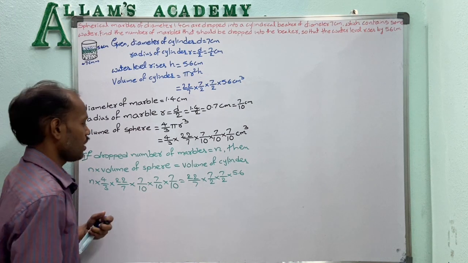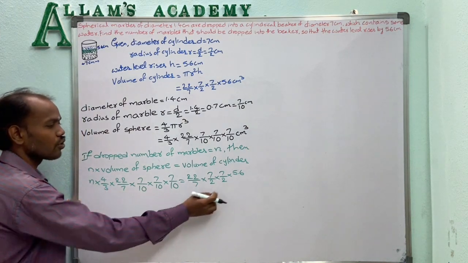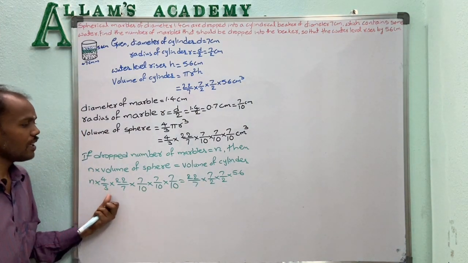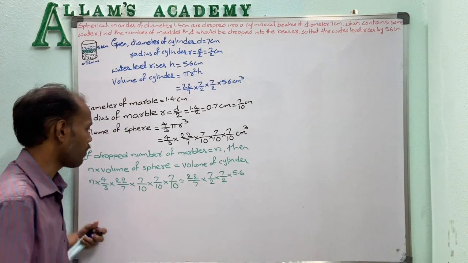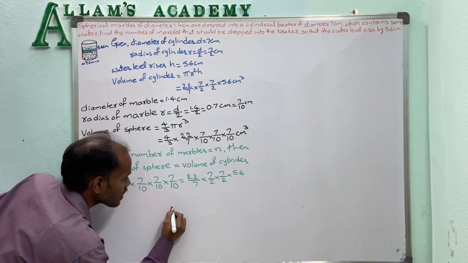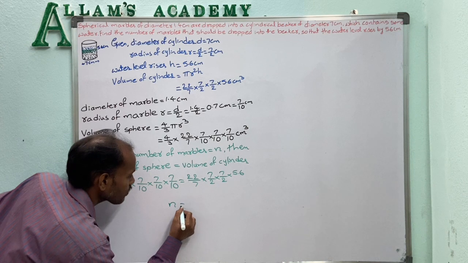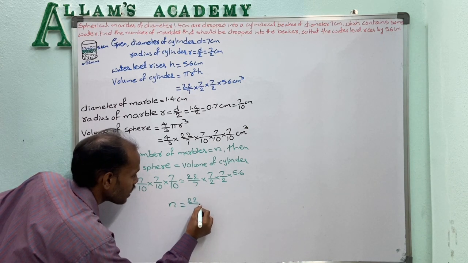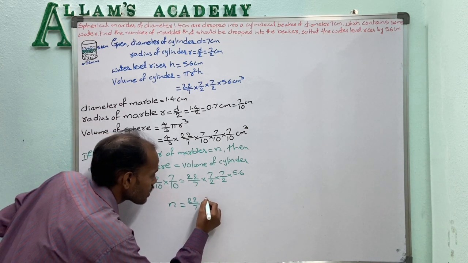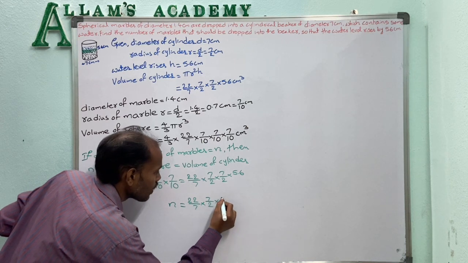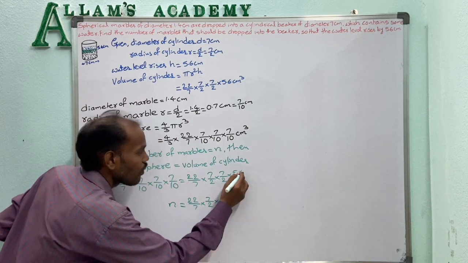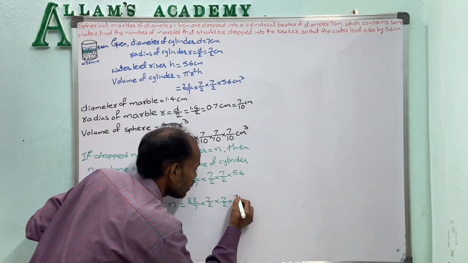So now these values are transferred, that is, we multiply by the reciprocals. So n is equal to 22 by 7 into 7 by 2 into 7 by 2 into 5.6, which we can write as 56 by 10.